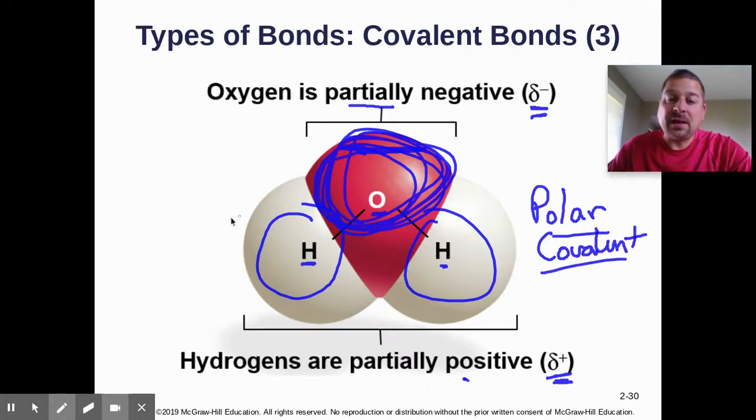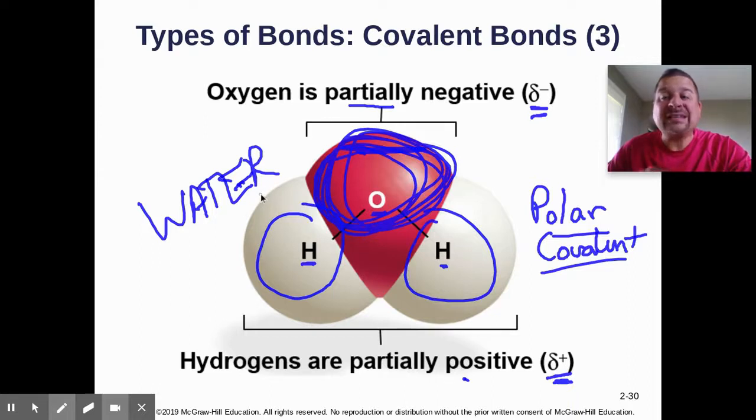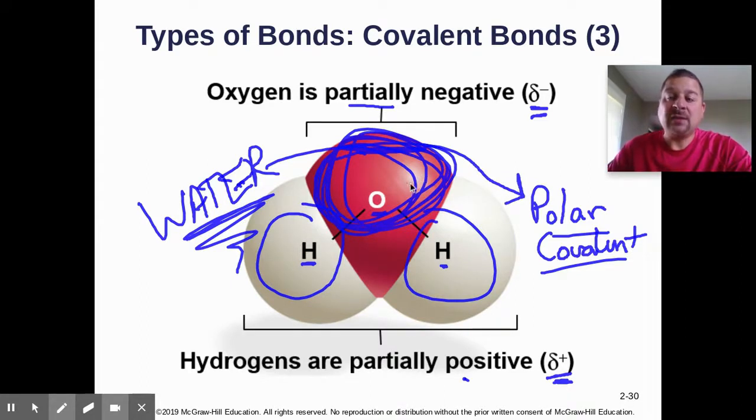And when we talk about water, it gives water some very interesting properties, and properties that make life here on Earth possible. And in the next video, we'll talk properties of water and how this polar covalence really gives its property and makes life possible here on Earth.